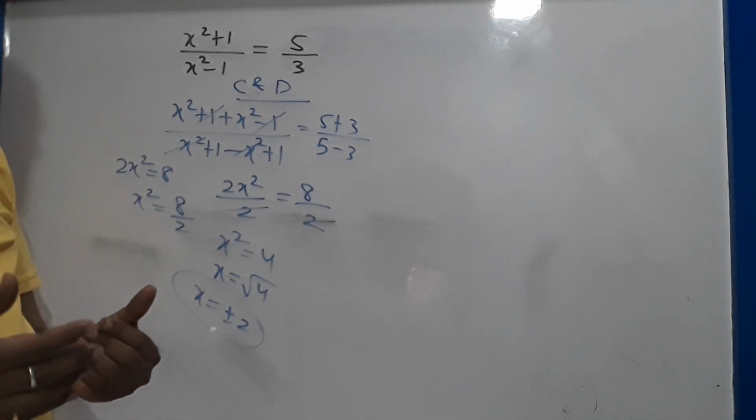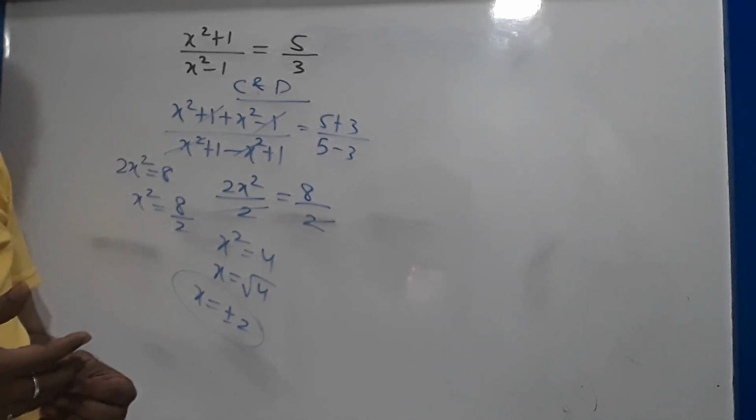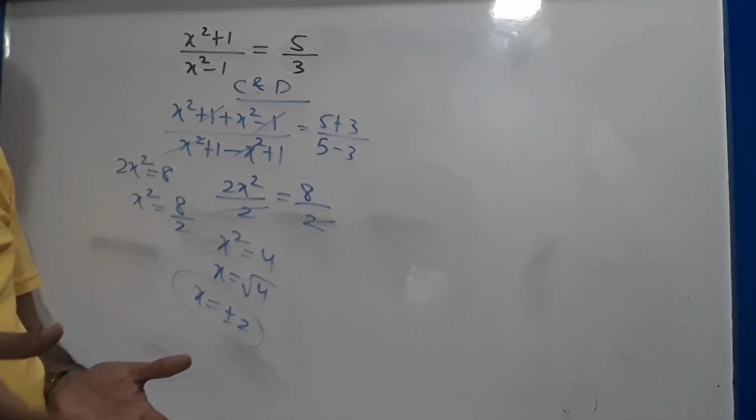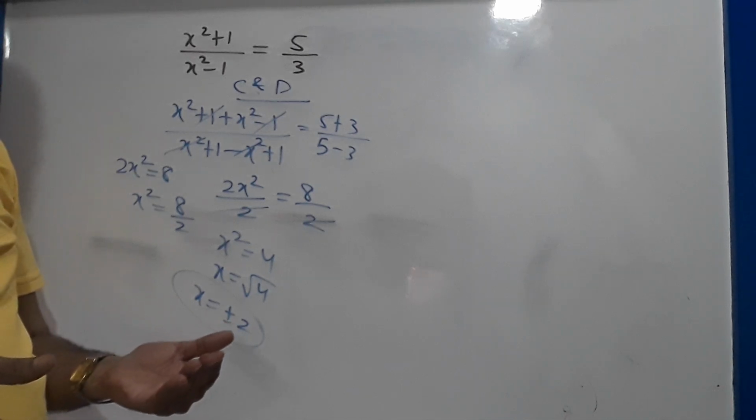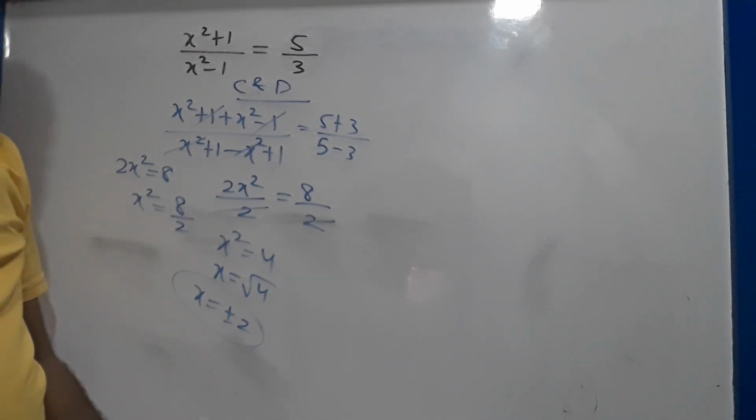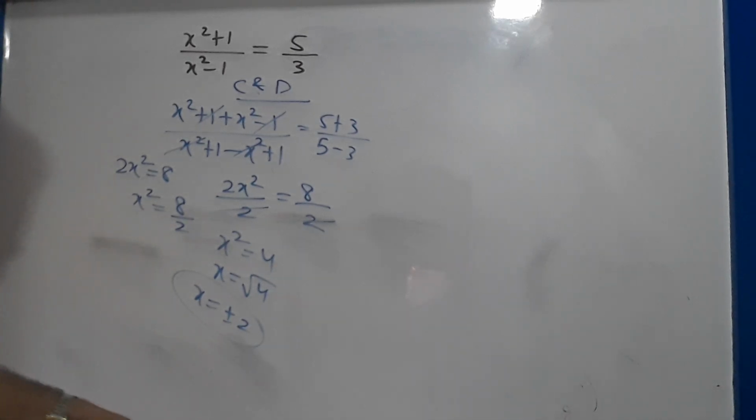And then you have to remember the basic formulas: a plus b whole square, a minus b whole square, a plus b whole cube, a minus b whole cube, a cube plus b cube. Let me write those results.